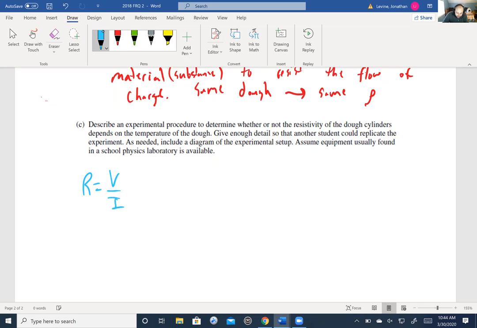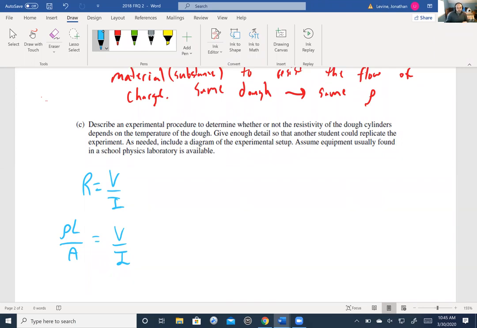But then I replace this with rho L over A is equal to V over I, right? The reason why I'm thinking about these things is these are things that we can measure. So if we think about resistivity, we can apply a known voltage and measure the current through it. We can set up an ammeter in the circuit, we can set up a voltmeter in the circuit, or we can just measure the voltage coming out of the battery.